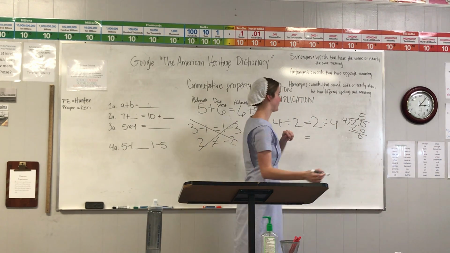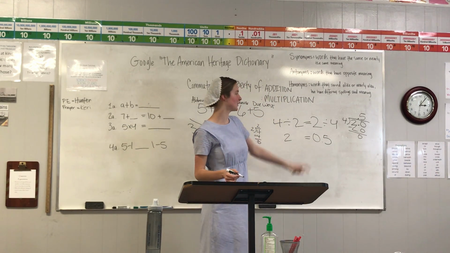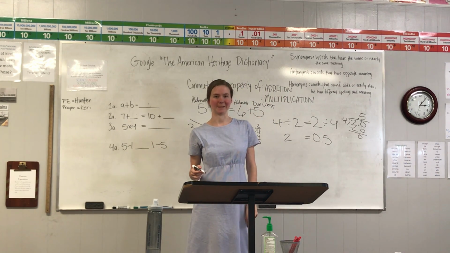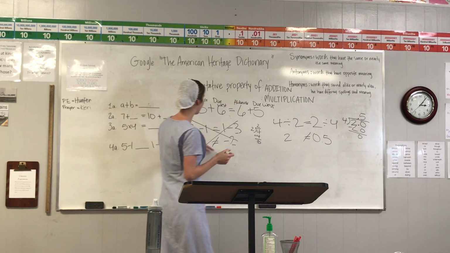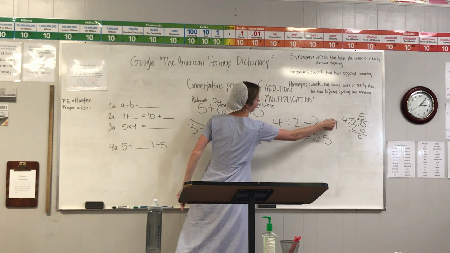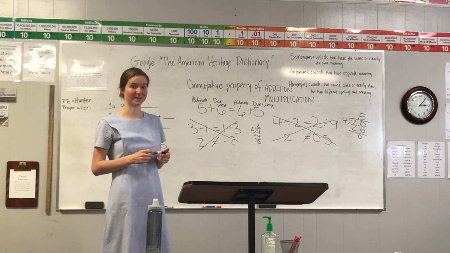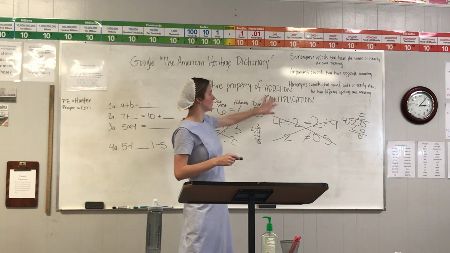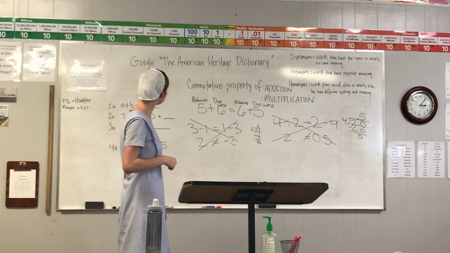So 2 divided by 4 is 0.5. Does 2 equal 0.5? No. So the commutative property does not work for subtraction. It does not work for division. They cannot change communities and the answer will stay the same. Only addition and multiplication work for changing communities.